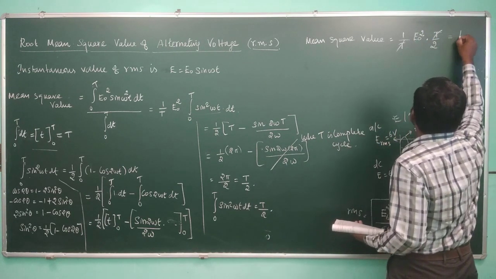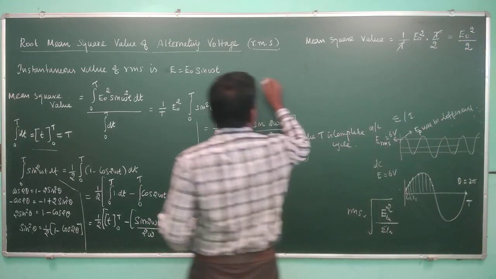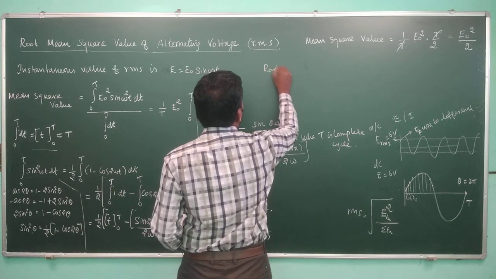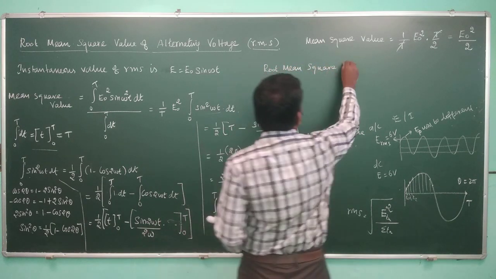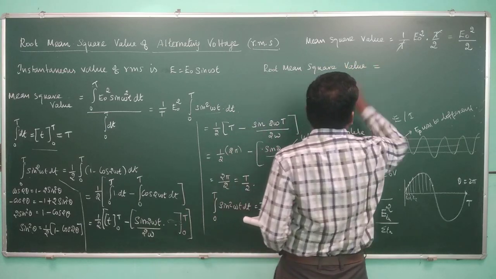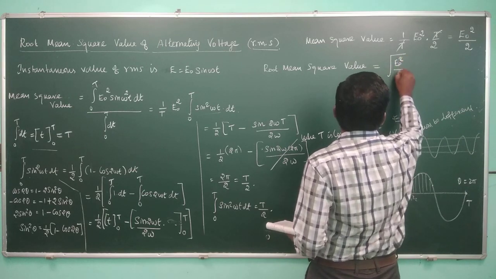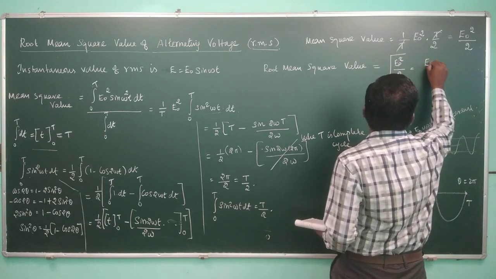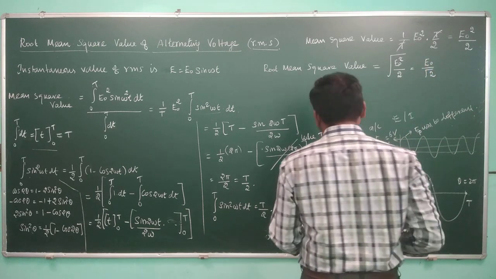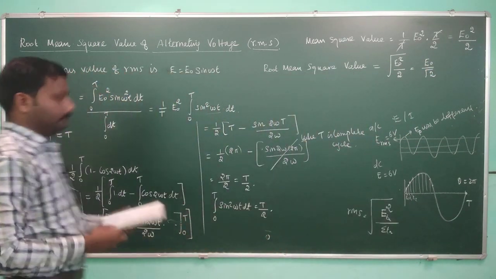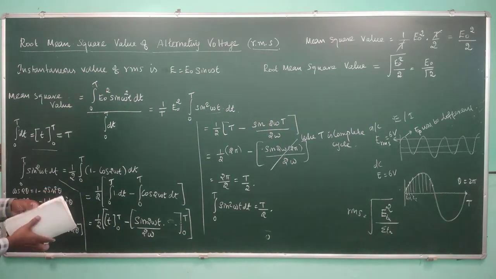What we have remaining is E naught square by 2. Then if you want the root mean square value, you have to take the square root of this, then this becomes E naught by root 2. So this is the root mean square value of the alternating voltage.